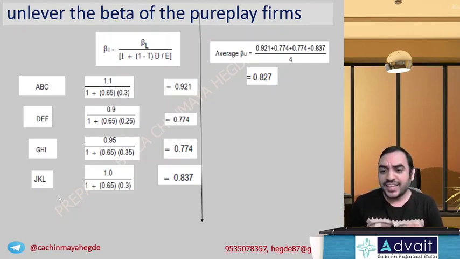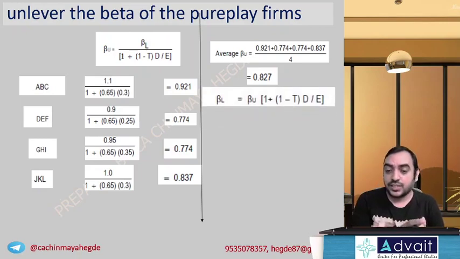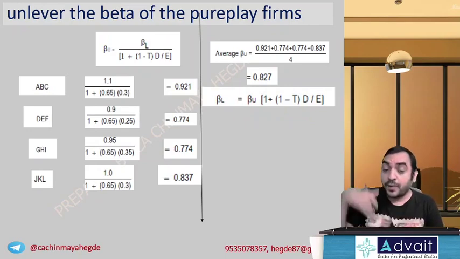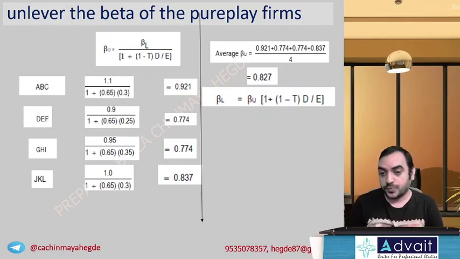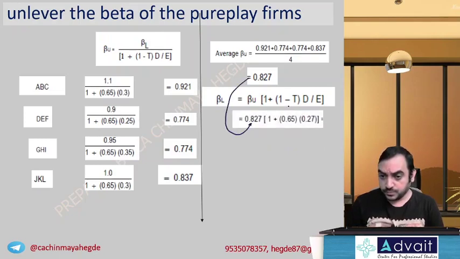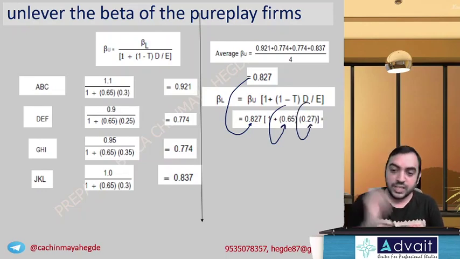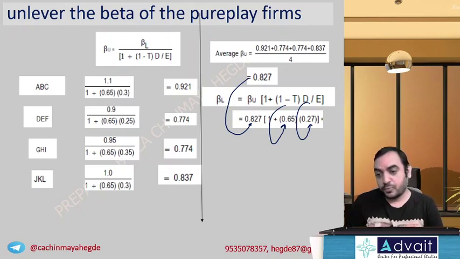Then once we get the average, now we are going to do a second stage, that is converting from unlevered to levered by applying your company debt equity ratio. Unlevered beta 0.827, 1 minus tax rate, that is 0.65, debt equity ratio 0.27 given for this firm.